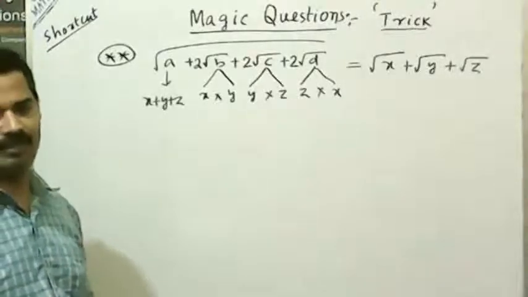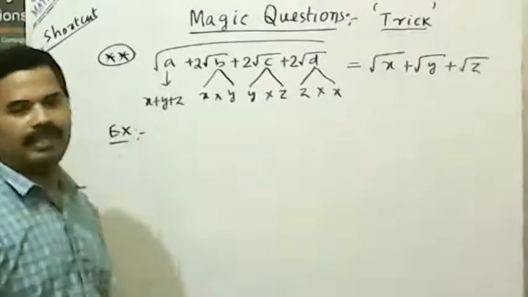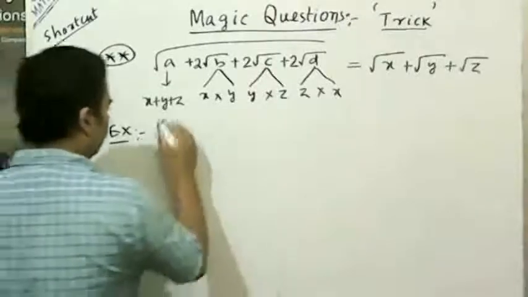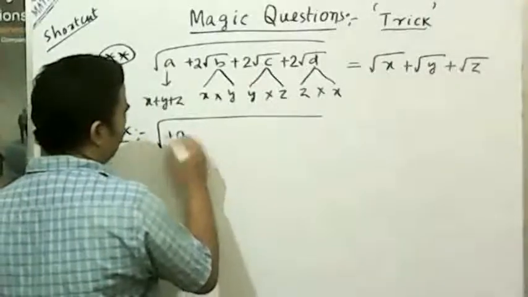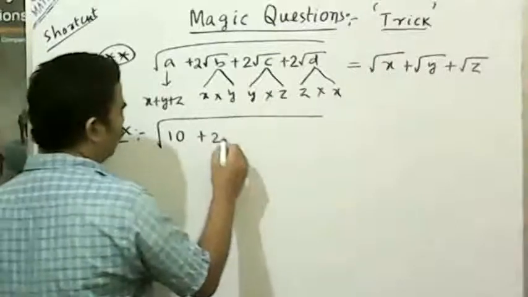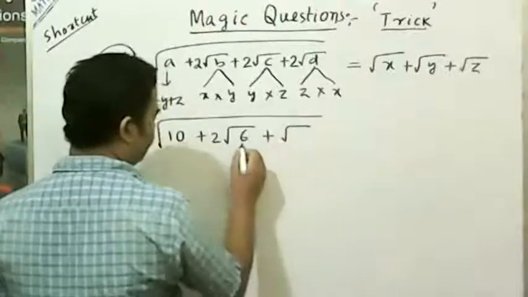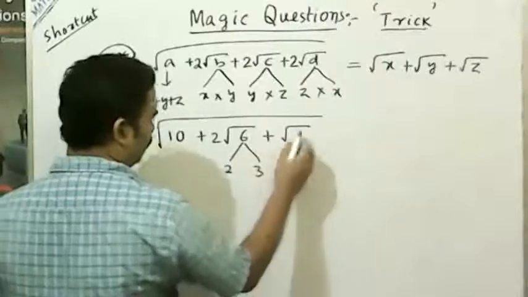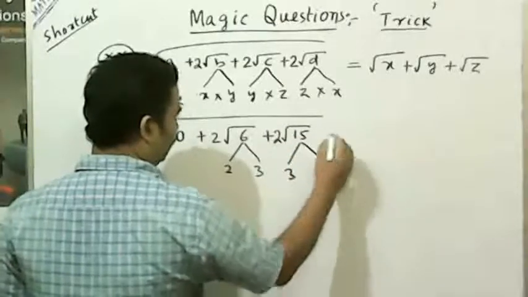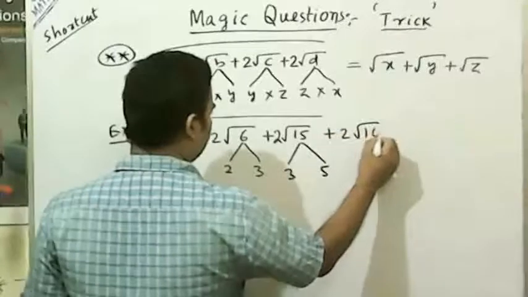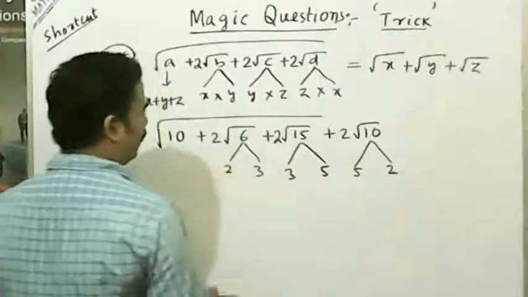This is a very much interesting question. Now you can take an example, just like this is equal to, suppose, 10 plus 2 root 6 plus 2 root 15 plus 2 root 10. 6 is 2 into 3, 15 is 3 and 5, 10 is 5 into 2.